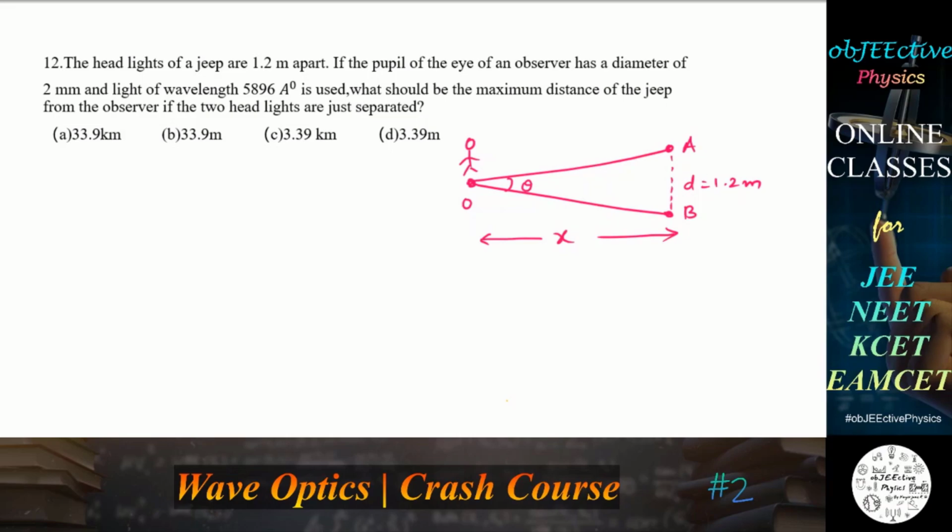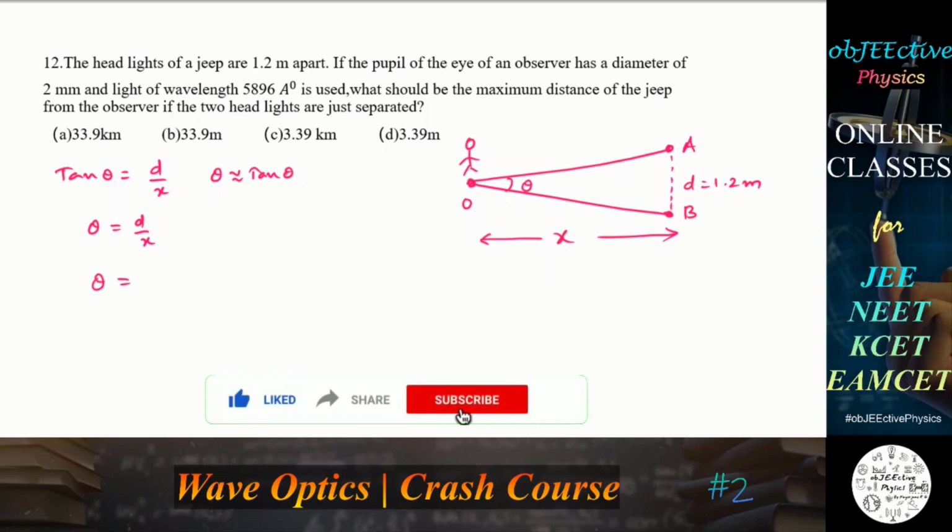In the diagram, tan theta is equal to d divided by x. For small angles, tan theta is equal to theta, therefore theta is equal to d divided by x. But limit of resolution for human eye, theta is equal to 1.22 lambda divided by capital D, where capital D is the diameter of the pupil of the human eye.